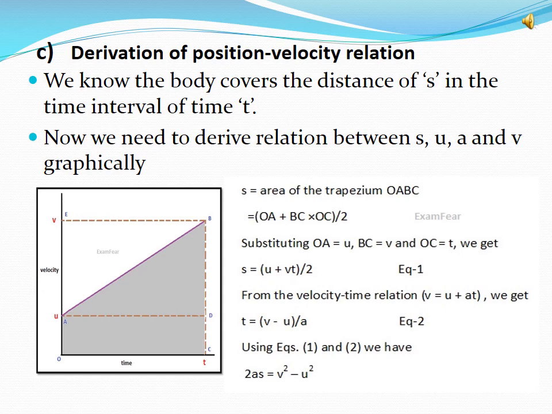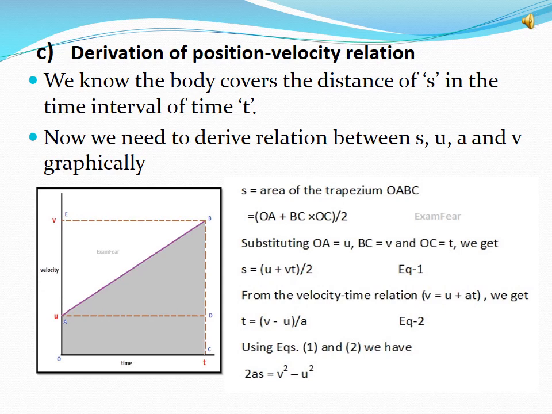From the velocity-time relation, v is equal to u plus at, then at is equal to v minus u, which gives t is equal to (v minus u) divided by a. This is equation number 2. Using these two equations, we get s is equal to (v plus u) into (v minus u) divided by 2a.